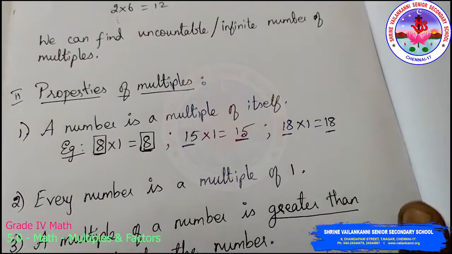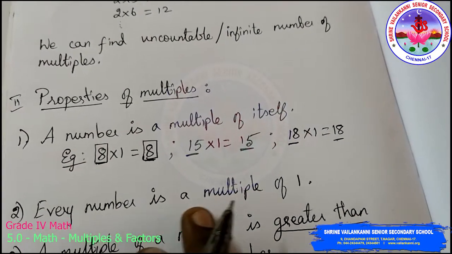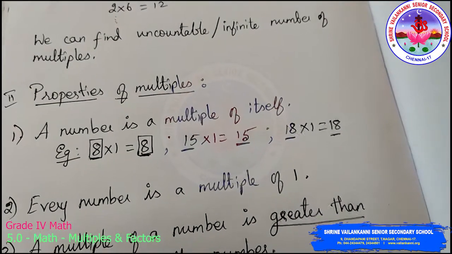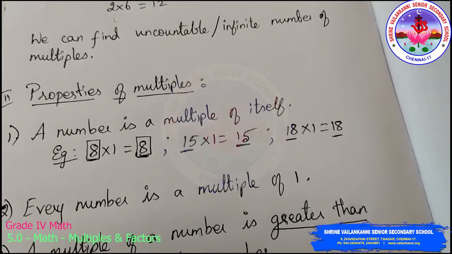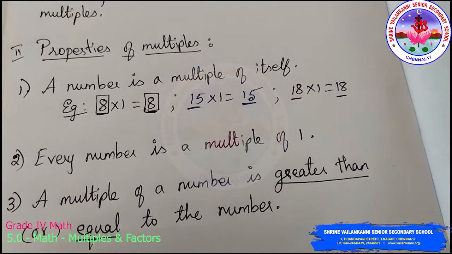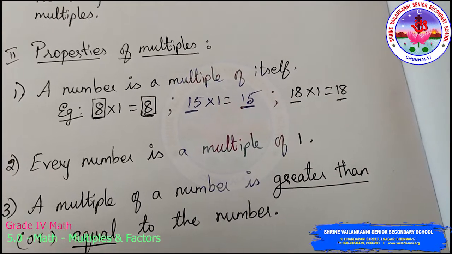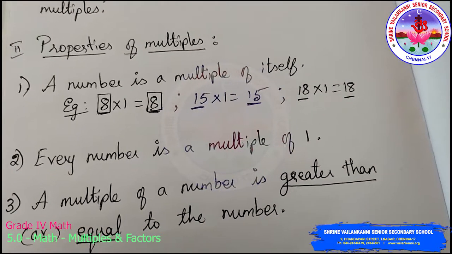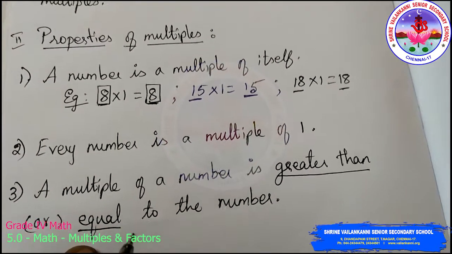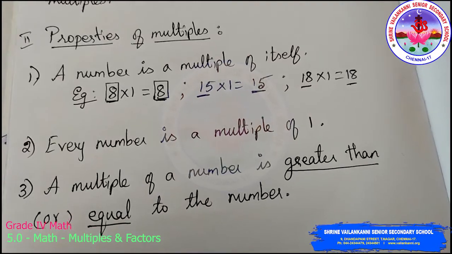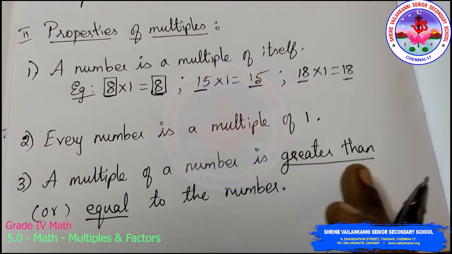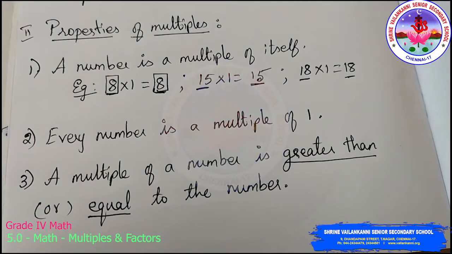The next property is: every number is a multiple of 1. If you take any number, it will be a multiple of 1. That is the second property. And then the third property: a multiple of a number is greater than or equal to the number. This third property gives two pieces of information.